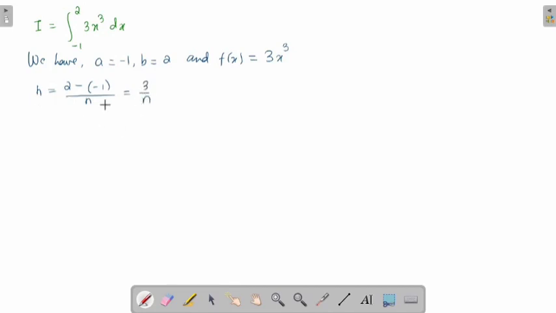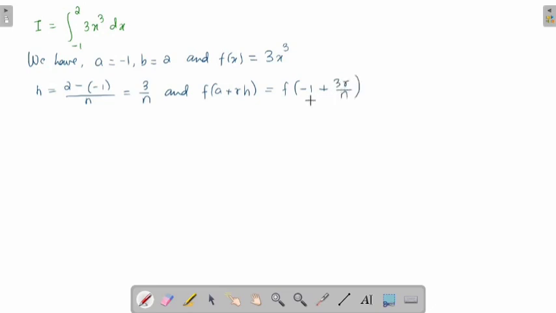So h is there, and let's find what is our f of (a plus rh). So we have f of (minus 1 plus r into h). h is 3 by n, so this becomes 3r by n.